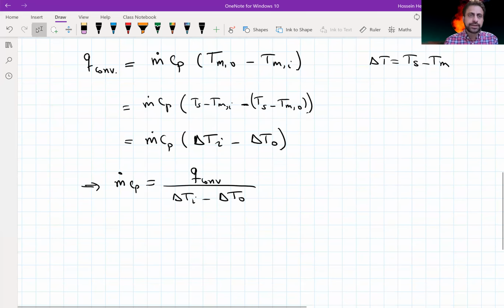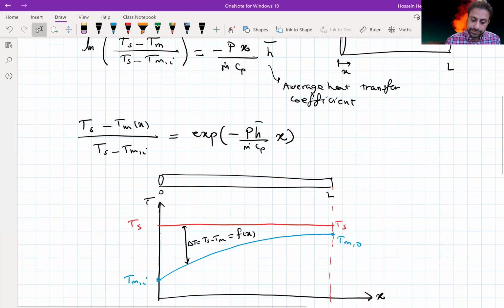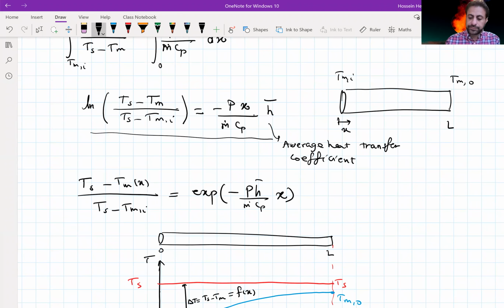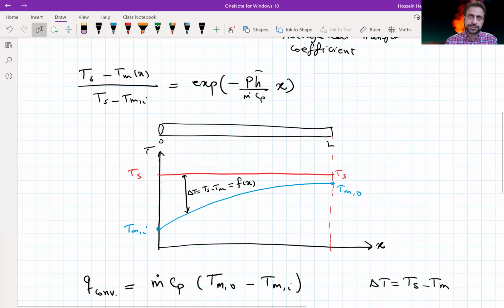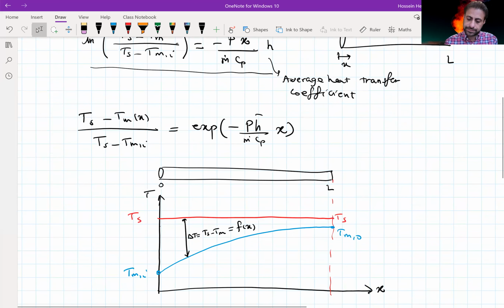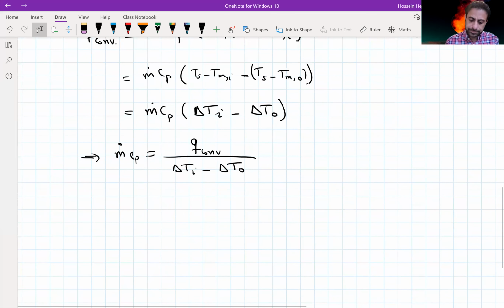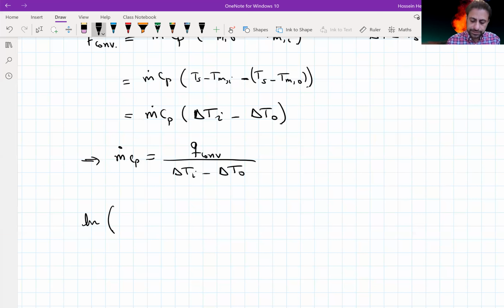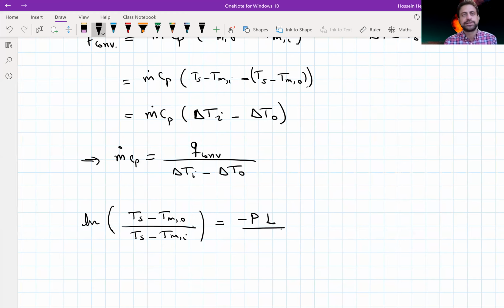And I know these relationships from the top part. If I bring it here, it's going to be the log of (Ts minus Tmo) over (Ts minus Tmi), and I'm just writing for the whole length of the tube. It's going to be minus P, and instead of x, I'm going to replace it with L because I'm writing Tmo at the outlet, over m dot Cp times h average.